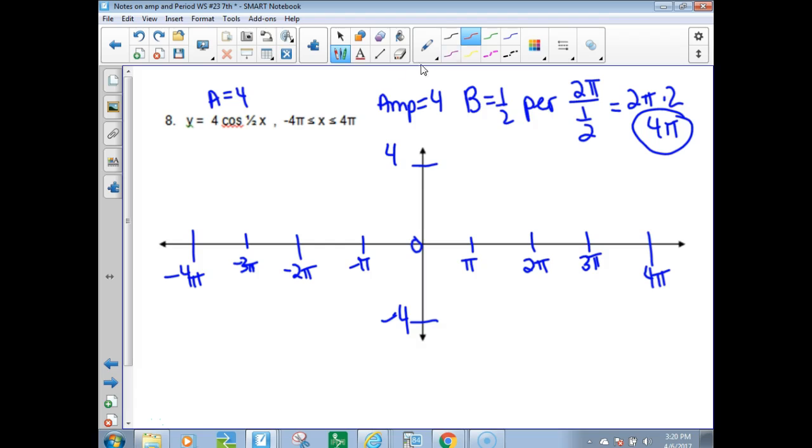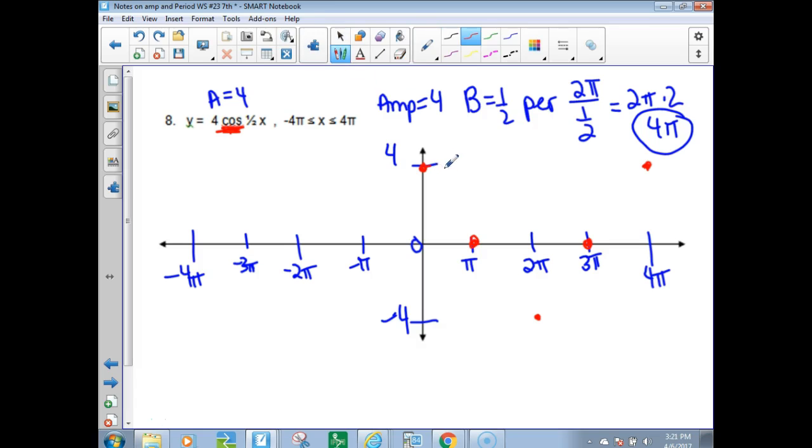Okay, cosine or sine, better check that. Cosine. So we're going to start high, go to the x-axis. Oops, that font was a little large.